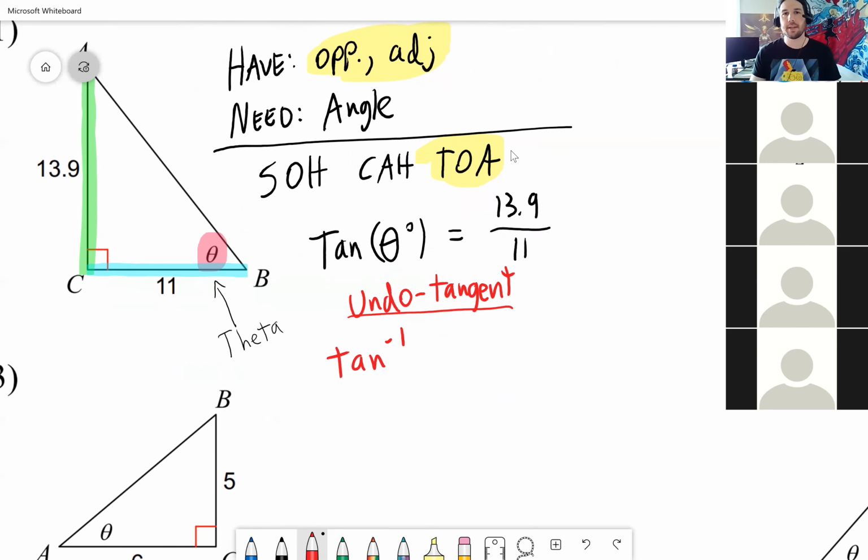And you can find it by hitting the second or shift button. Here's my calculator. There it is. And you can see the sine, cosine, and tangent buttons. And if you look really close, if it focuses, you can see that sine -1, cosine -1, and tangent -1 above that.